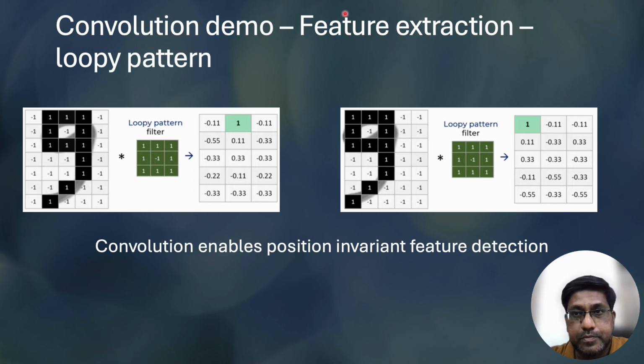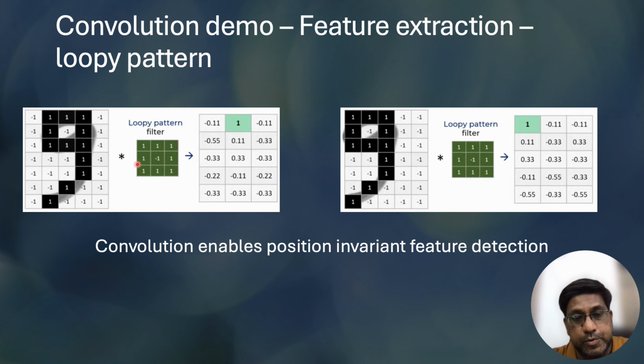So what happens now is when we perform this convolution operation, we get a +1 right in the middle here, which corresponds to having this exact loop values at that location within the image.